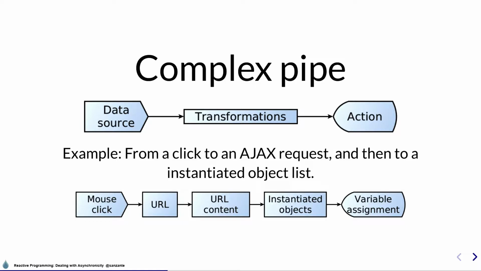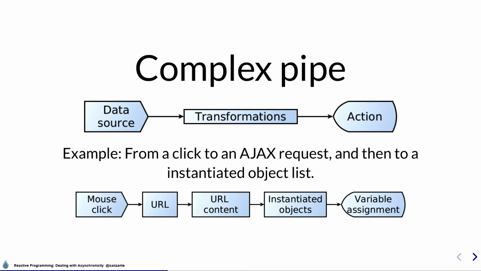But it's just the URL. Then that URL becomes the data contained in the URL because we fetched it. And then we get the content of that URL and instantiate the objects with that data. So the initial data, just a click from the user, has traveled the pipe and has been transformed into different things until the final action, which is the assignment to a variable.